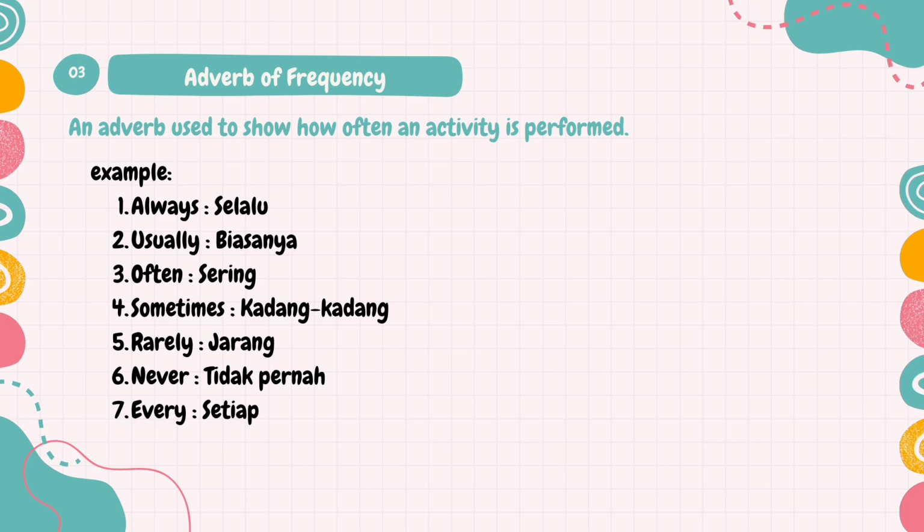So, for example, always or selalu, usually or biasanya, often or sering, sometimes or kadang-kadang, rarely or jarang, never or tidak pernah. As for the last one is every or setiap. Actually, there are more adverbs of frequency, but I only use 7 for the example. You can search for more later on the web or internet.